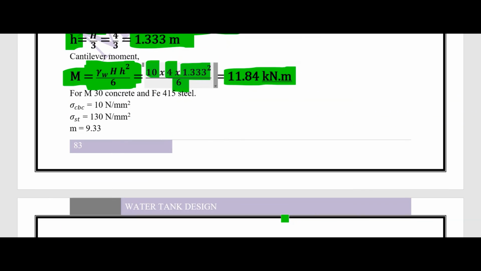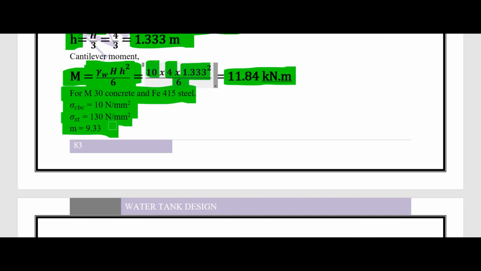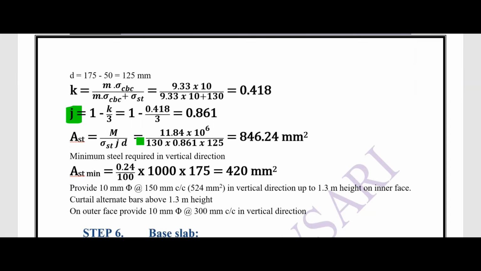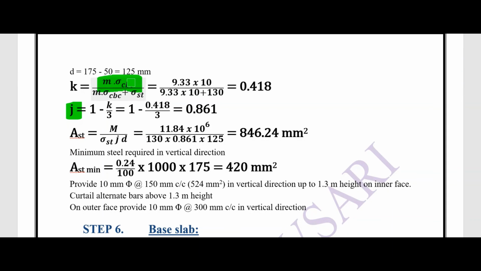Okay, here is the moment, and here are some design constants: sigma CBC, sigma ST, M, then K and J. K is equal to M sigma CBC divided by M sigma CBC plus sigma ST, and J is equal to 1 minus K by 3.